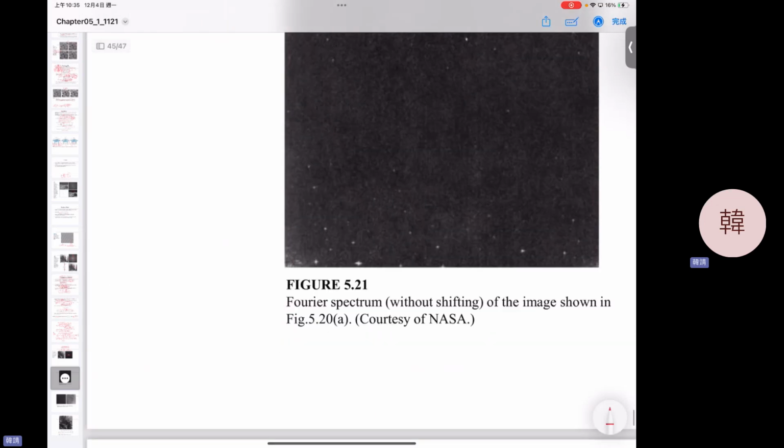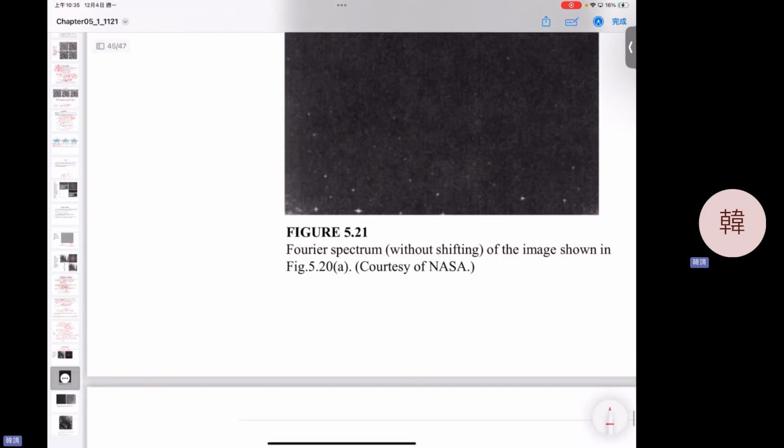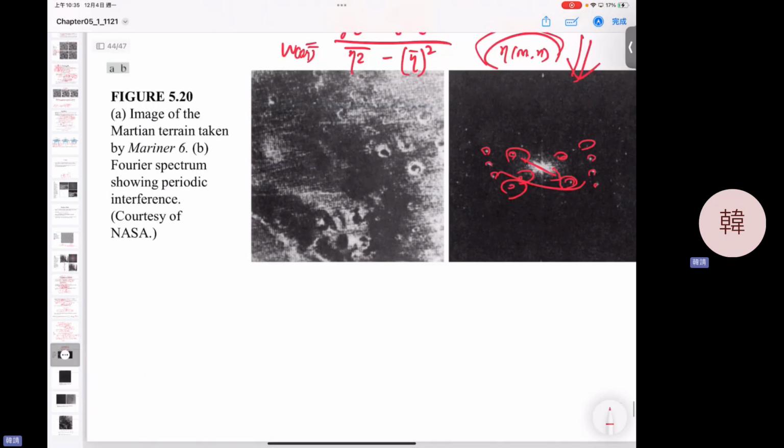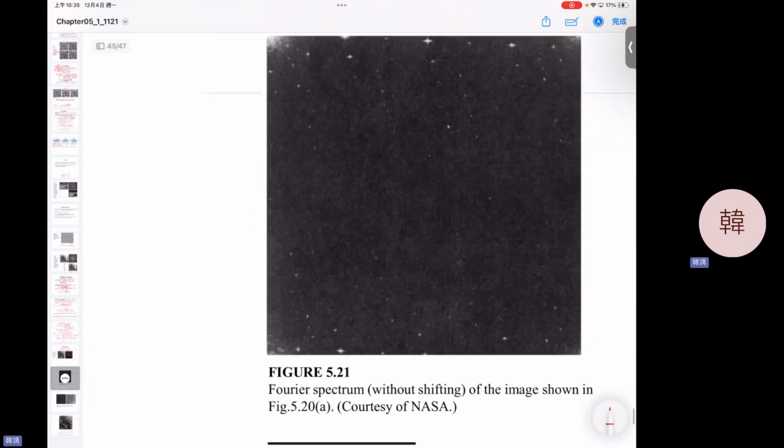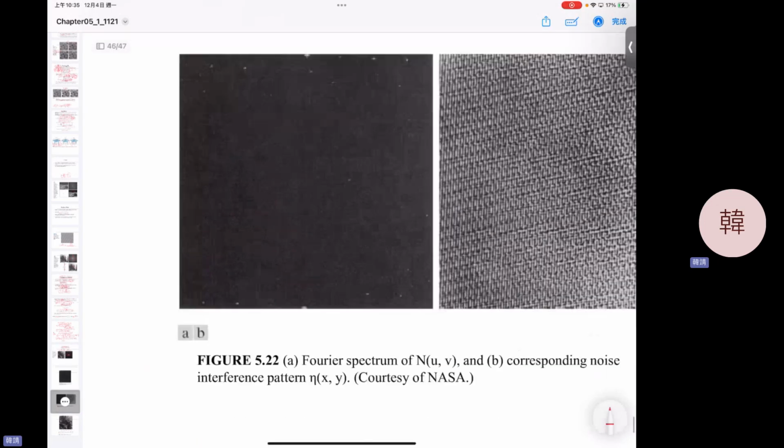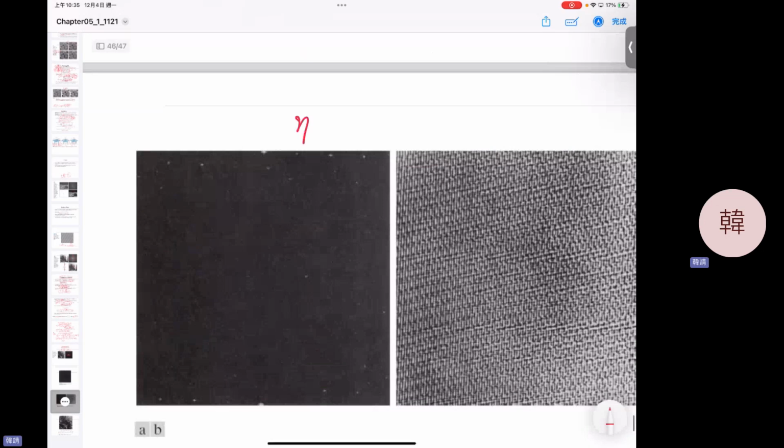So this is the Fourier spectrum without shifting. Okay, so this is another way you can do it. You can just keep all the low frequency part, which is an easy way to keep the low content of your spectrum first, and you get this one, where there are some spot noises, and then this is your eta uv here, and then get back to eta mn.